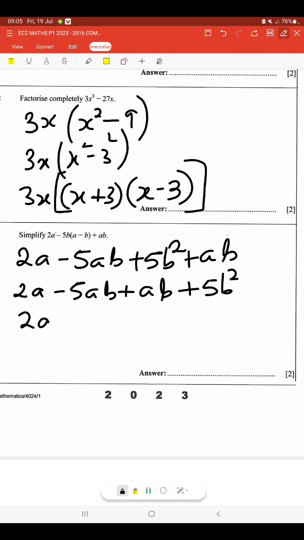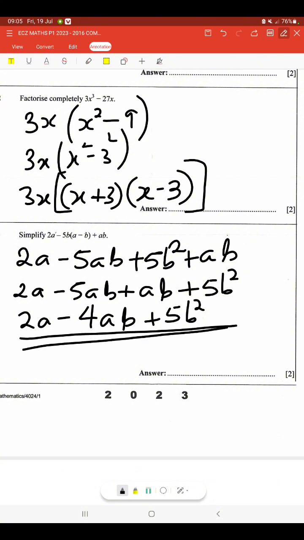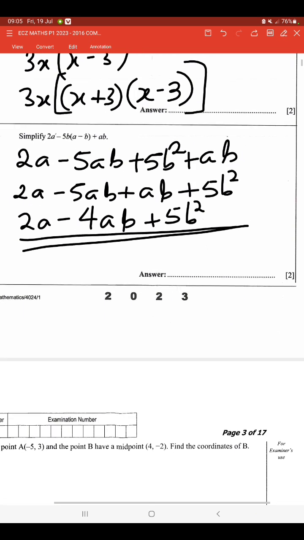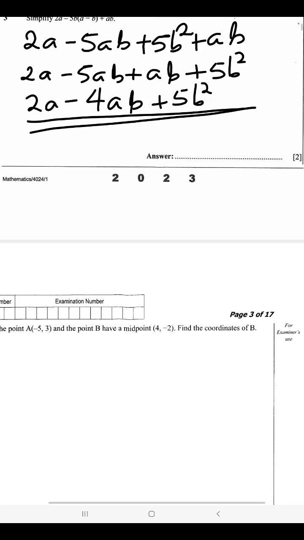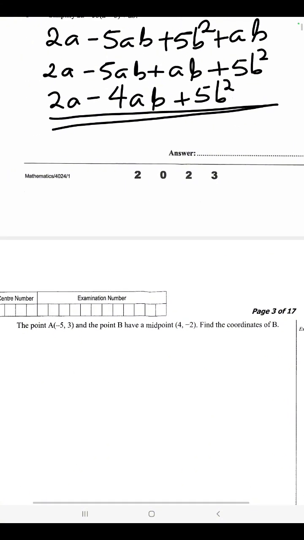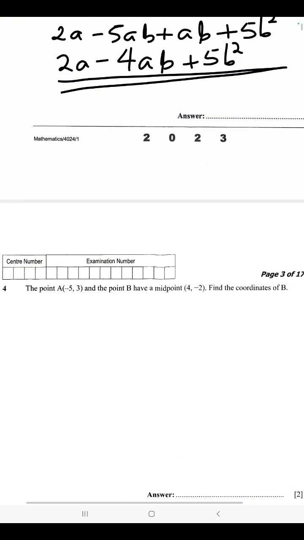So 2a minus 5ab plus ab will give us minus 4ab plus 5b squared. And we can check, there are no like terms, so we have simplified this expression. So that will be our final answer. All right, moving on, we have this question 4.